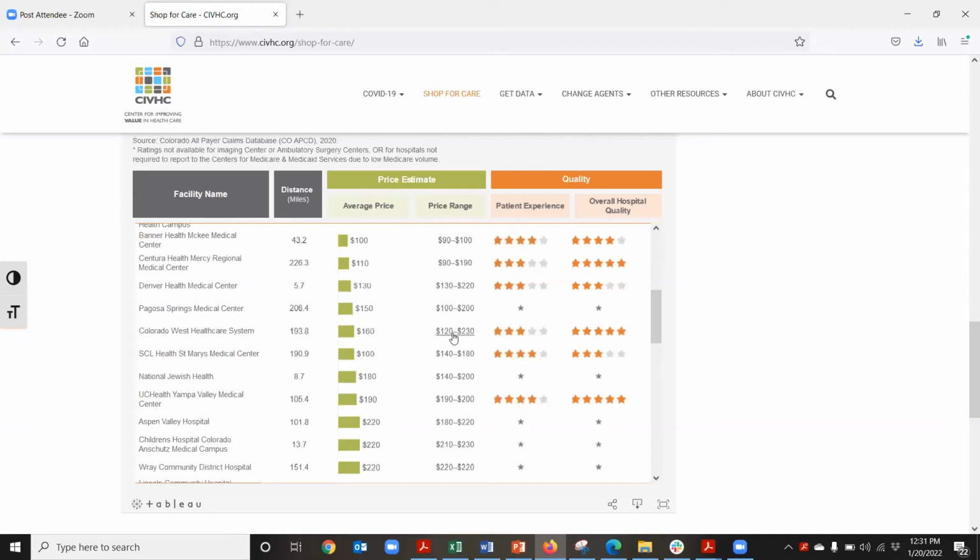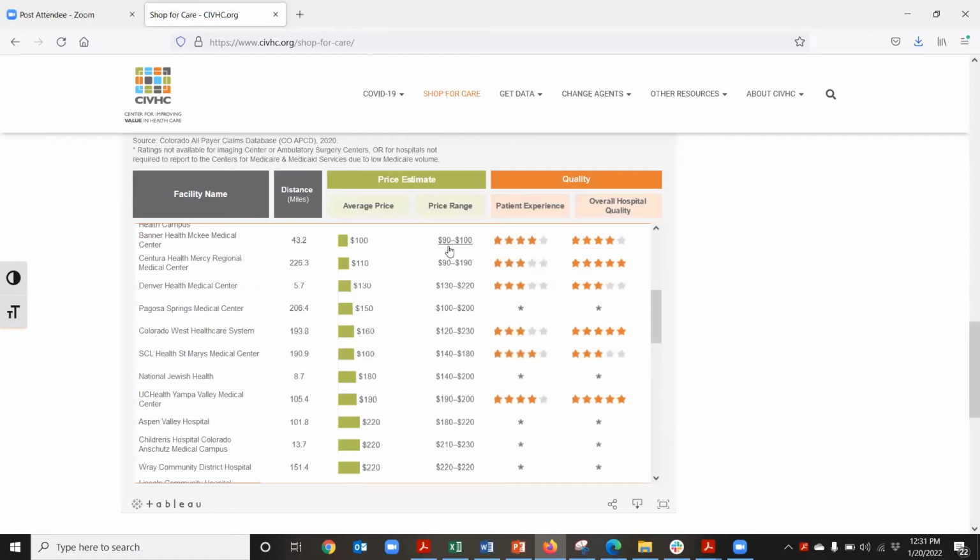It eliminates the extreme cases, whether very cheap or very expensive. But in this case, we have that banner. The typical price is 100, but it can go from 90 to 100. So the truth is that there is no variation. They have pretty much the same price with all the payers that are included in this report.